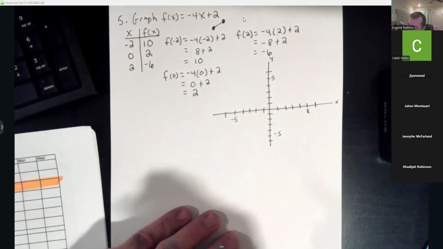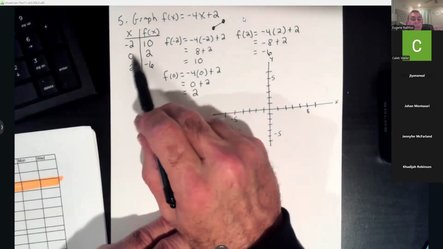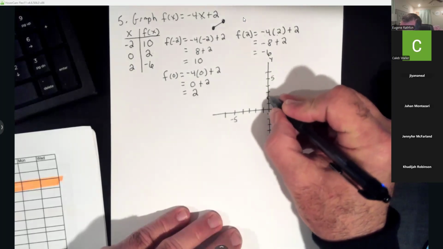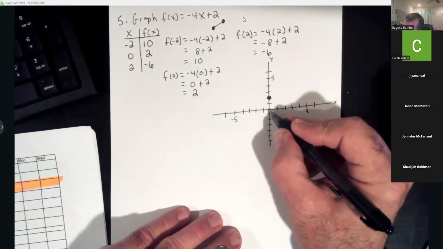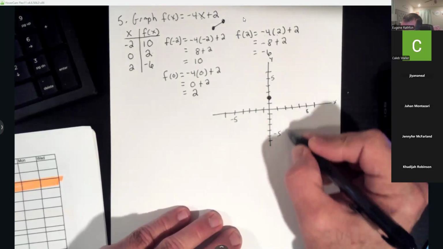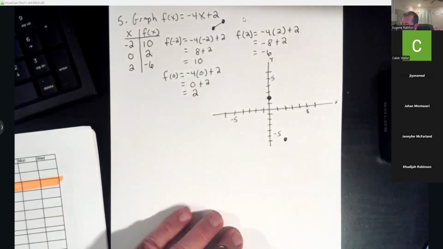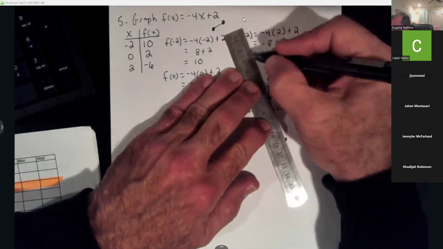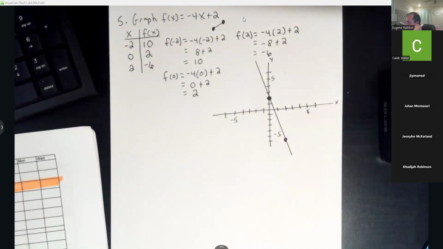All righty, so yeah, these 2 points are easier for me, so I'm just going to plot them. 0, 2: 0 on the x, up 2 on the y. And then I'll do the 2, negative 6. So right 2 and down 6. And y'all, at that point, once you plot that second point, MATLAB will come in and draw your line.